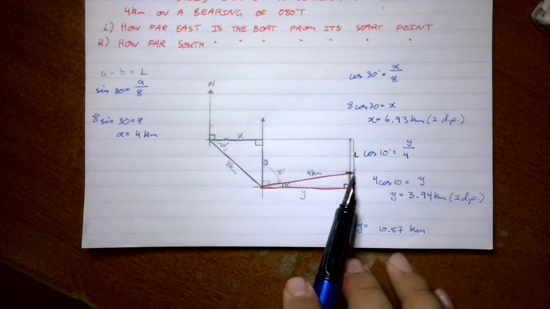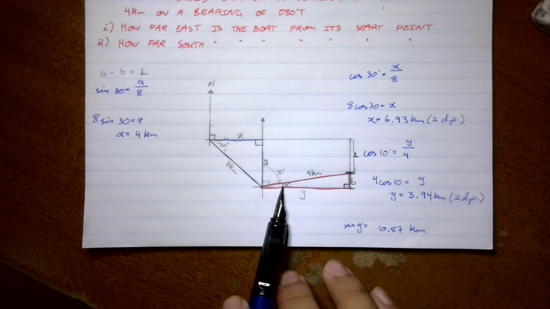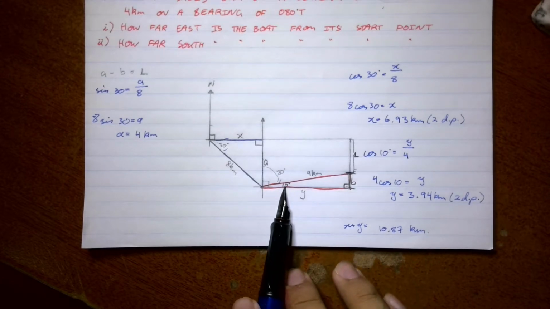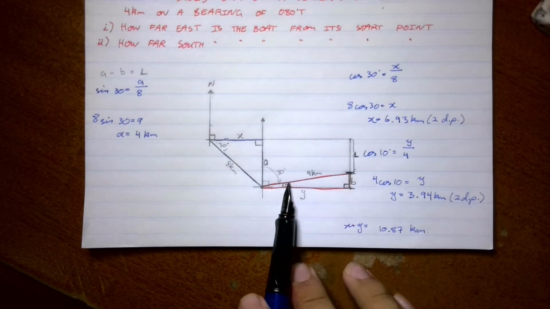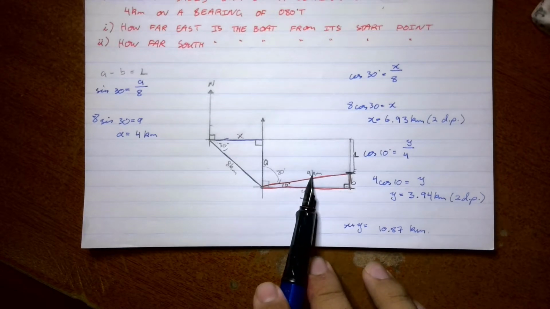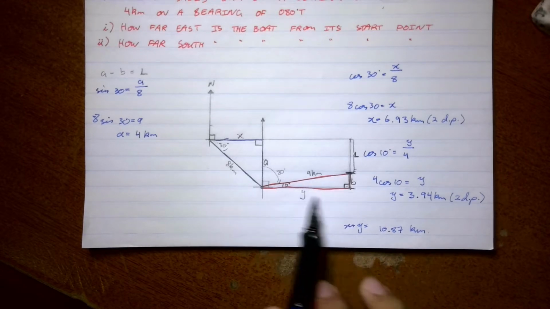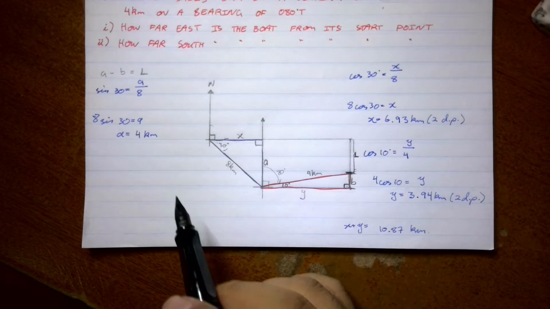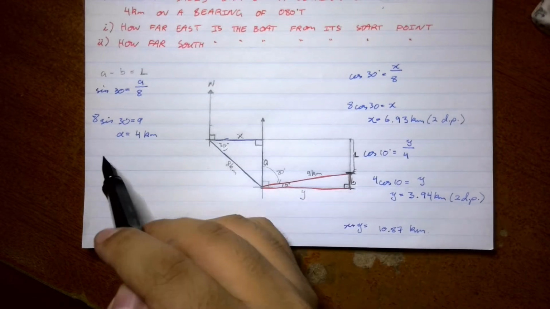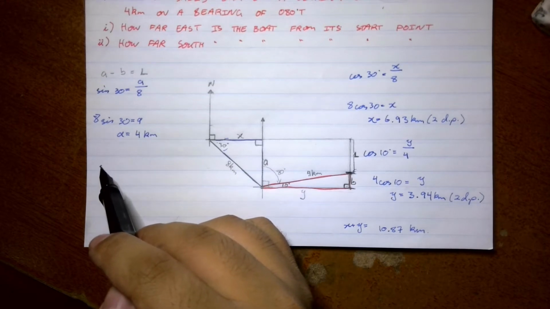Now with this red triangle, we need to find the length of B. We have 10 degrees, B, which is opposite of 10, and 4 kilometers, which is the hypotenuse of the red triangle. Opposite, hypotenuse of the red triangle, that is also sine.